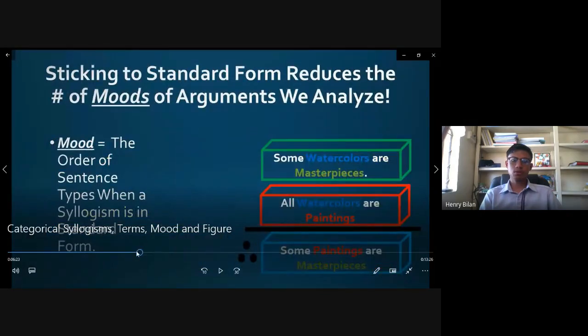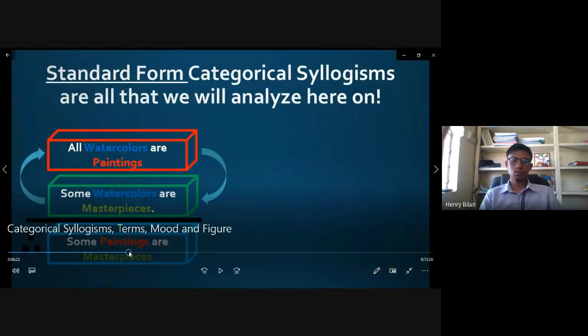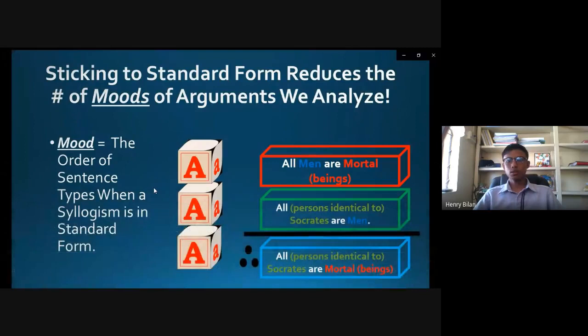So in this example also, all men are mortal, all Socrates are men, all Socrates are mortal beings. So A. All of these propositions are A. Hence, the mood is A. Obviously, in a syllogism there are three propositions.